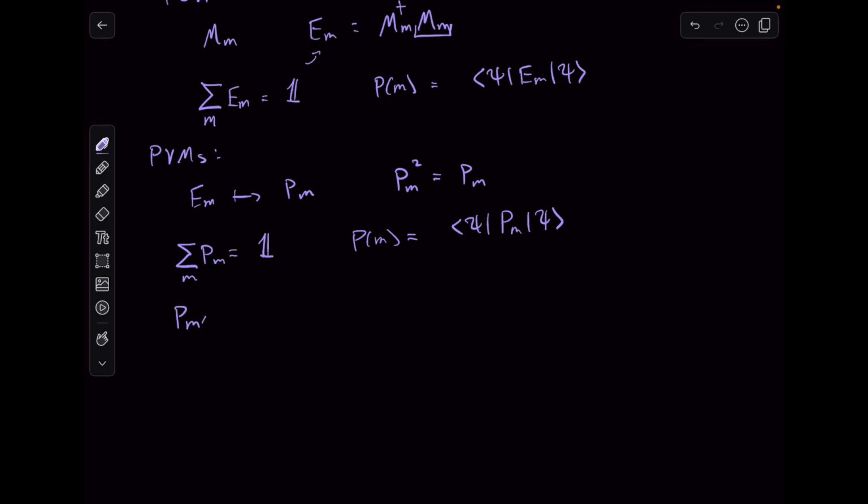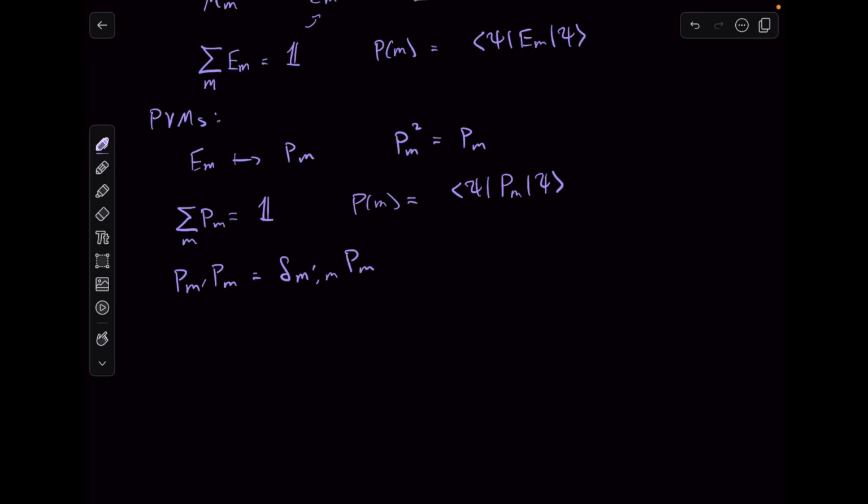So P sub m prime times P sub m is the Kronecker delta of m prime and m times P sub m. Now, one way to see why these are orthogonal projections is that they take a quantum state and project it onto the subspace spanned by one of the basis vectors in some orthonormal basis.